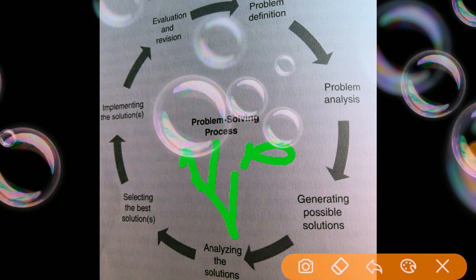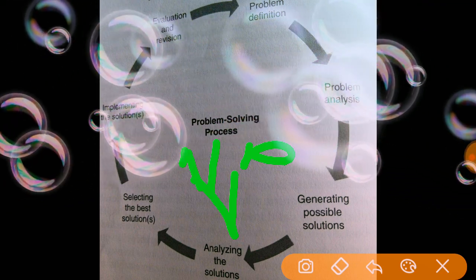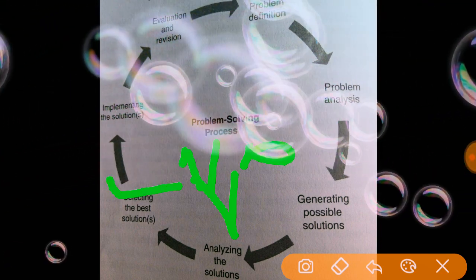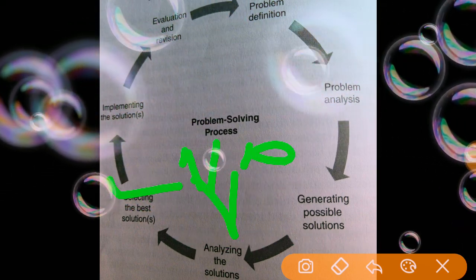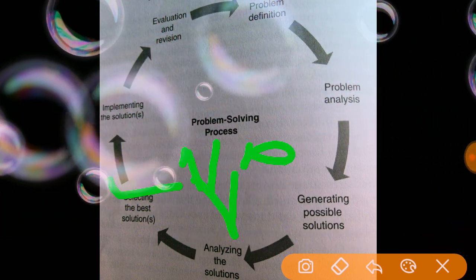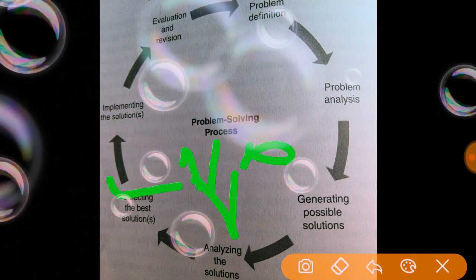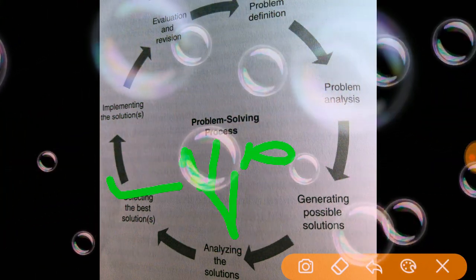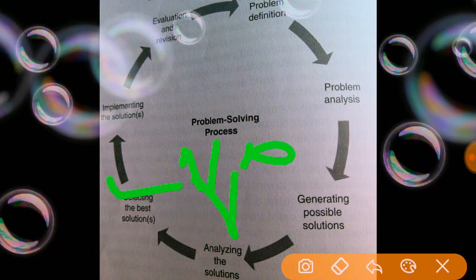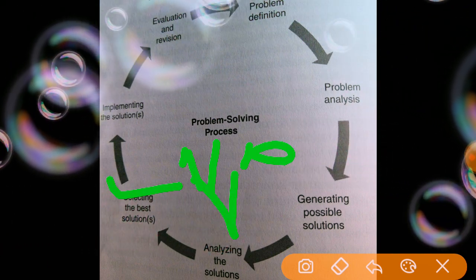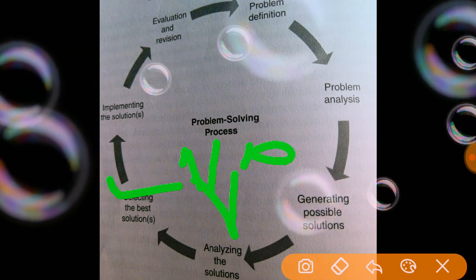Coming to selecting the best solutions, at this stage an attempt is made to compare the available solutions. Whatever negative or possible solutions they have worked out, they compare the available solutions. The best solution is selected based upon careful judgment only, so that it is supposed to solve the problem swiftly and smoothly.